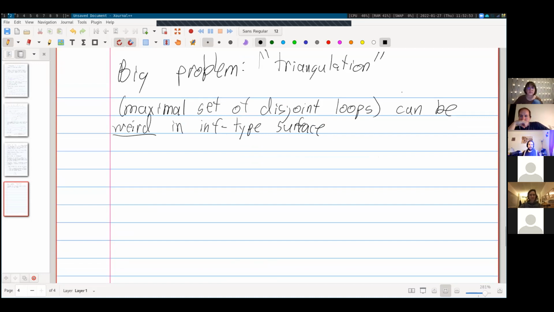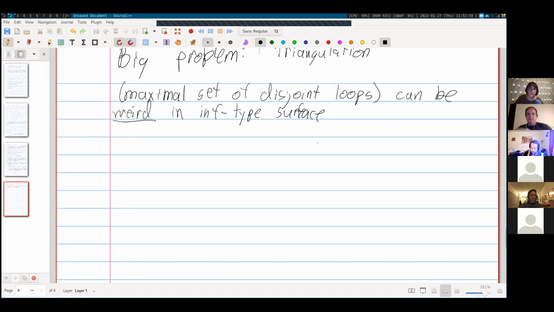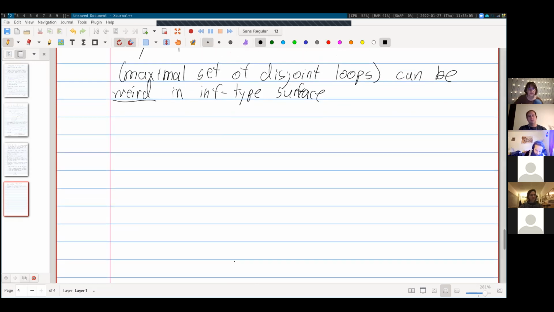Like if you take, so we had the Cantor tree before, we have a similar thing, which is more useful for us, the punctured Cantor tree, where we put a puncture at the bottom.